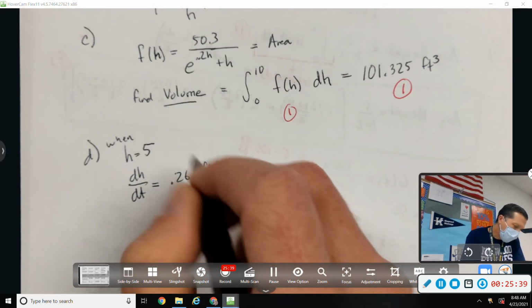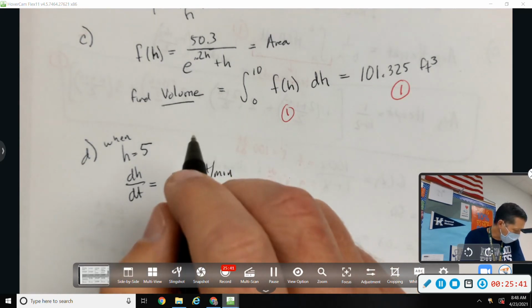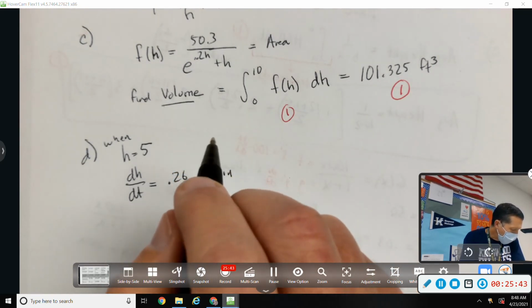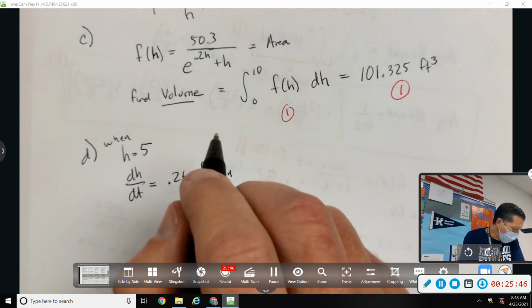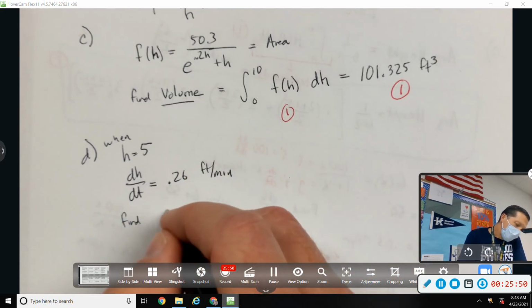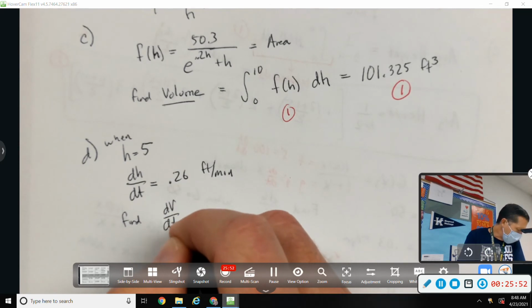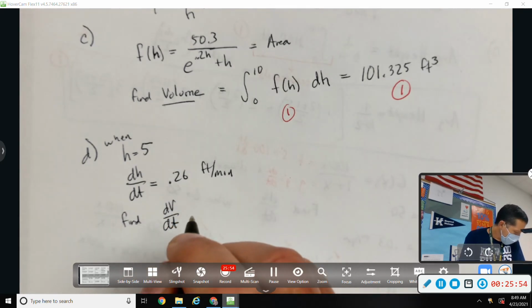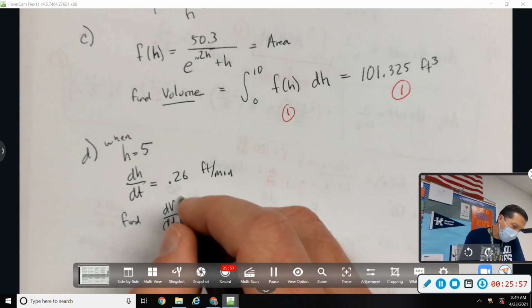Using the model from part C, so we are going to have to use that equation, find the rate at which the volume of water is changing with respect to time. Find dV dt when the height of the water is 5 feet.